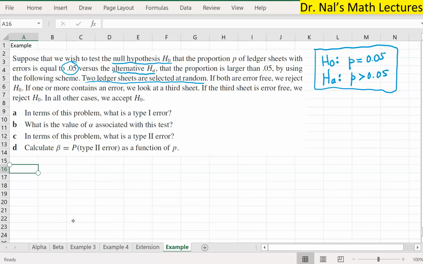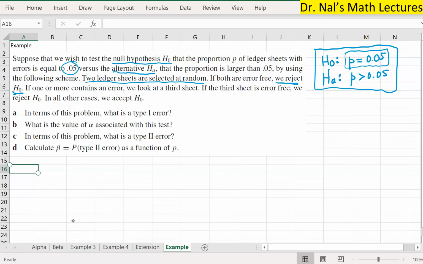So when I first read this example, this question, I was like, what? Seriously? Because remember, the null hypothesis is that P is a small number, right? So if that's the null hypothesis, then how come our rejection region will be such that no errors will be a cause for rejecting the null hypothesis?